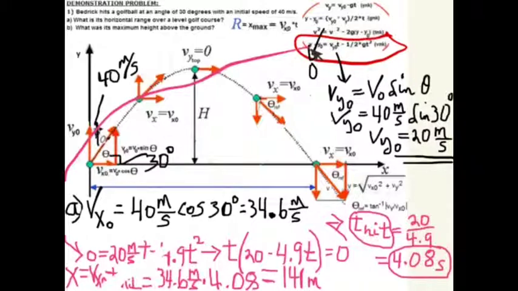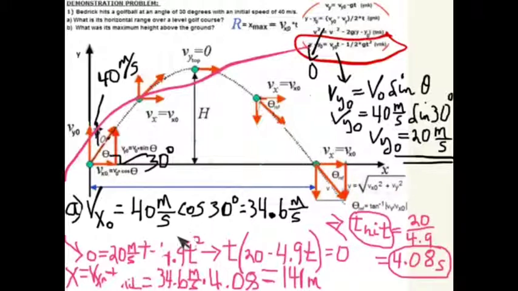However, since delta y is y hit minus y naught, which is 0, we do not have to use the quadratic formula to solve for this. So we write down the equation, factor out the t and form a product, and use the multiplication rule of 0, which says that t is equal to 0, or 20 minus 4.9t is 0. We use this to solve for the time that the golf ball hit the ground, and that is 4.08 seconds.